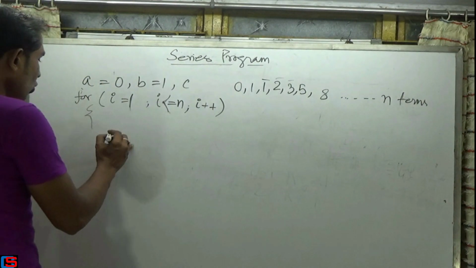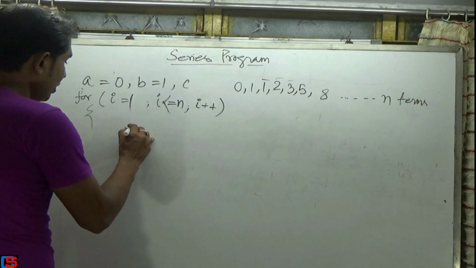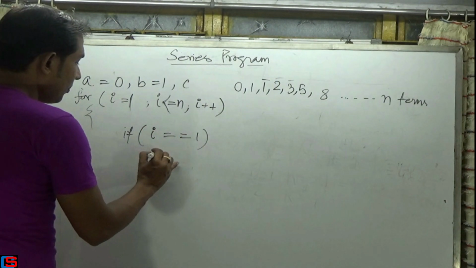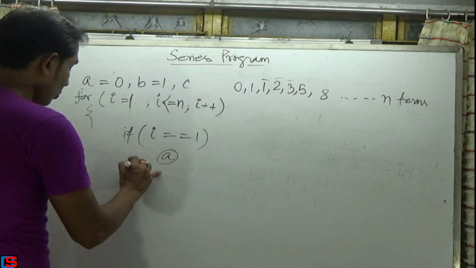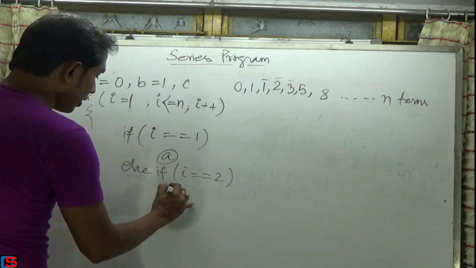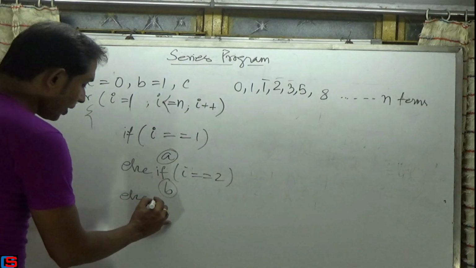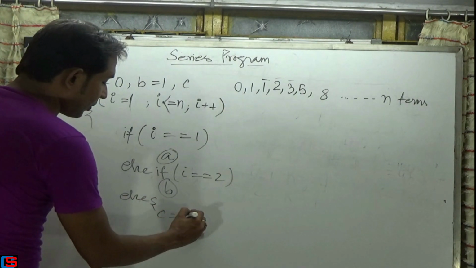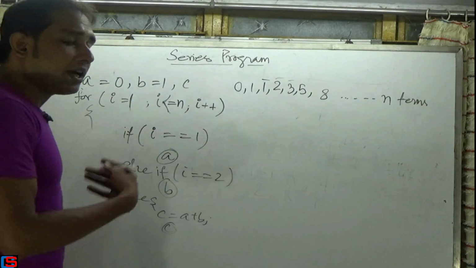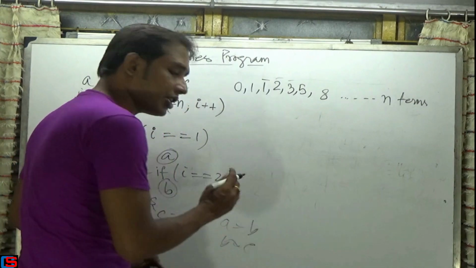Within this loop you write: if i equals 1, then print a, else if i equals 2, print b, and else follow the same trick, c equals a plus b, then print c, and a equals b and b equals c.